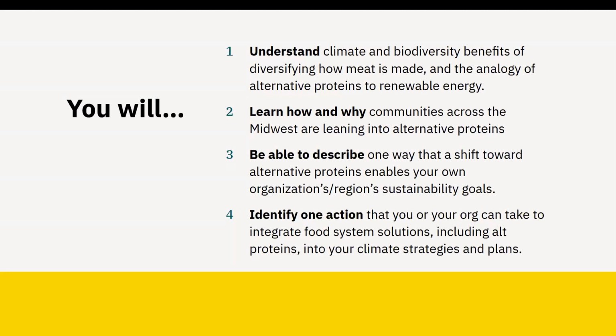And diversifying is a really key word here. Just like any transition, you need a diversified mix of solutions. We are about introducing different ways of producing meat, seafood, eggs, and dairy that use less land, less water, cause less emissions, et cetera.